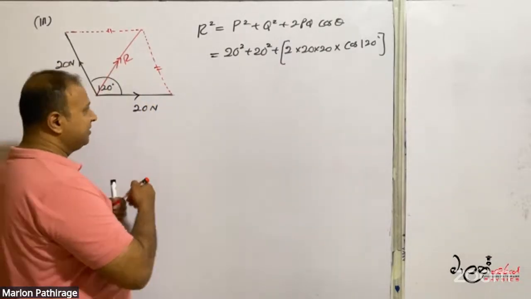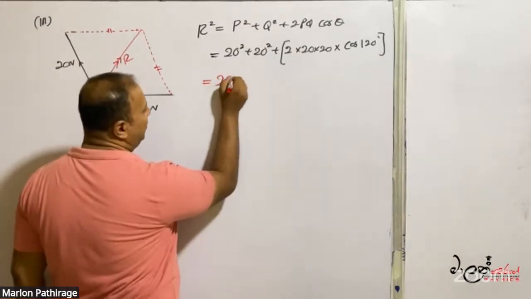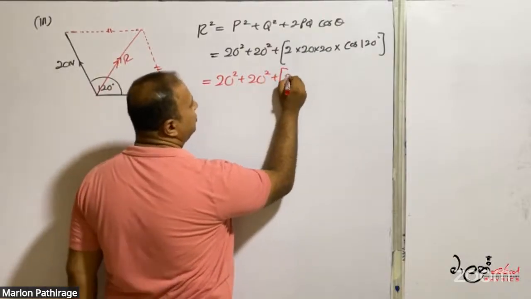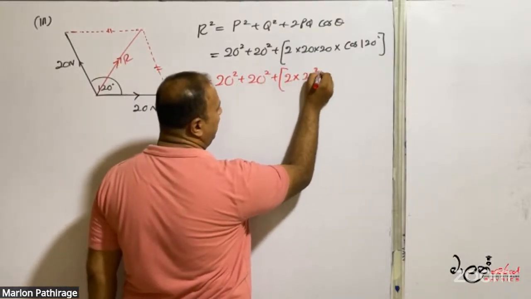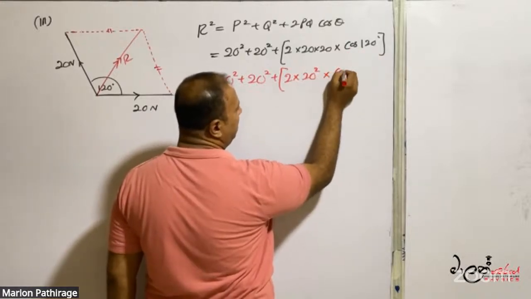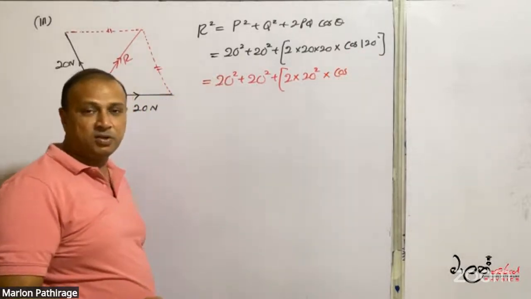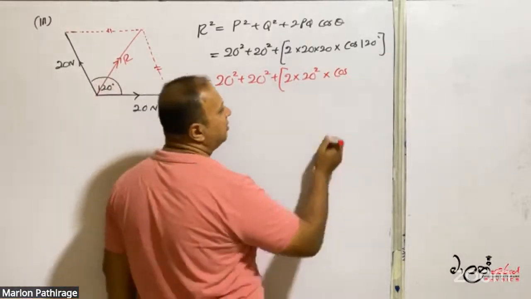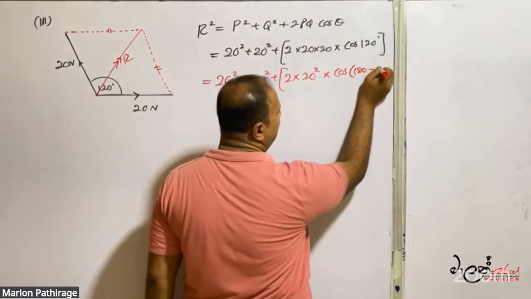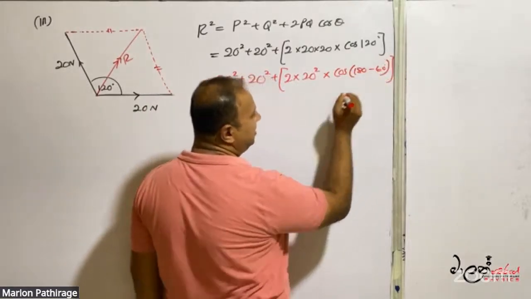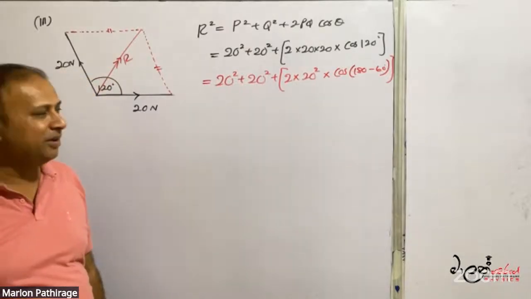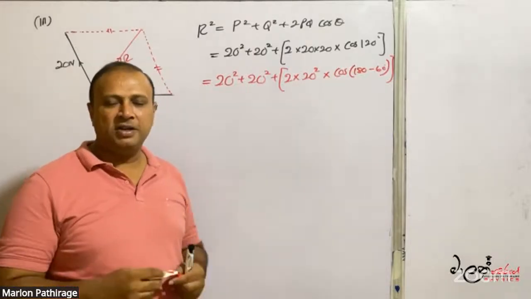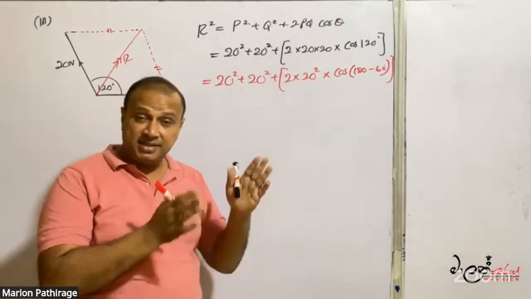Well, this is equal to 20 squared plus 20 squared, plus 2 into 20 squared, put a cos 120. Cos 120 can be written as cos of 180 minus 60.